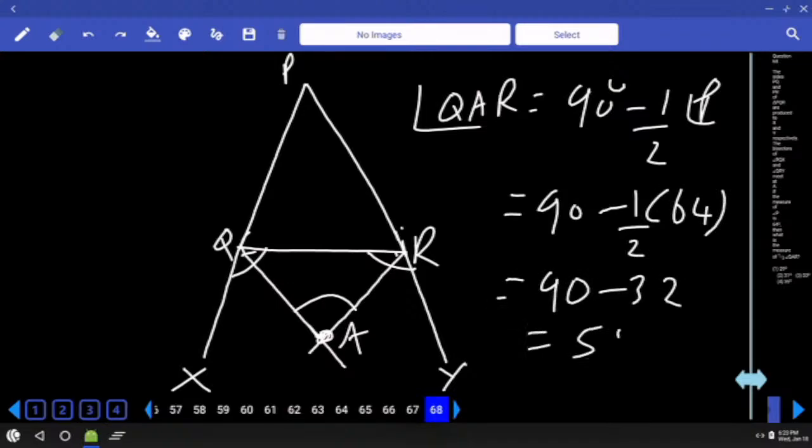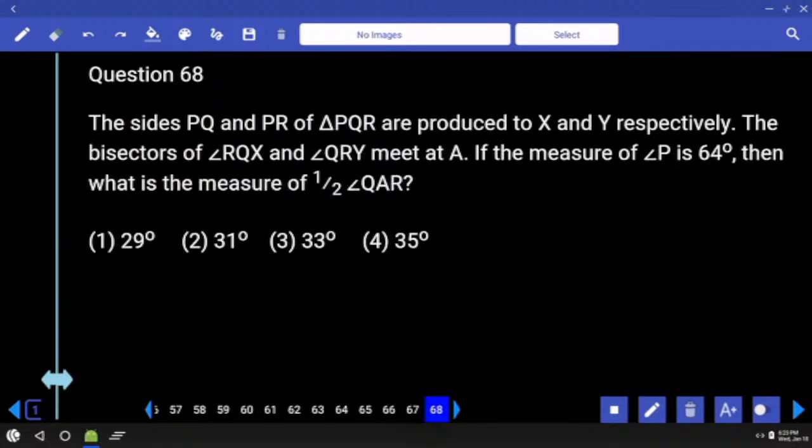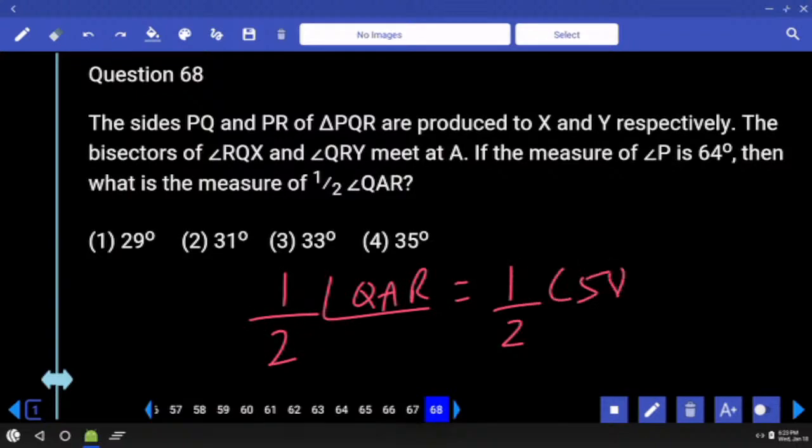So angle QAR equals what? 58. But he is not asking angle QAR, he is asking half of angle QAR. Half of 58 equals what? 29 degrees. That's it.